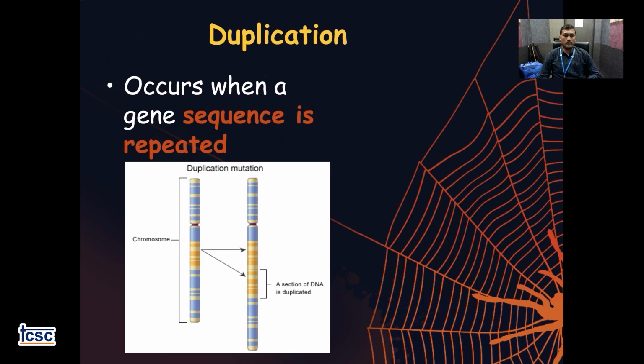For example, let's assume that ATGC is the original sequence of DNA, and after duplication, ATGC ATGC, the formation of an exact copy, that is called duplication. So this is just about duplication.